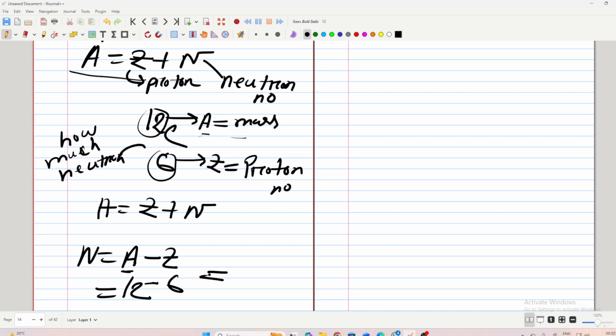So 12 minus 6 equals 6. So this carbon has neutron number 6.